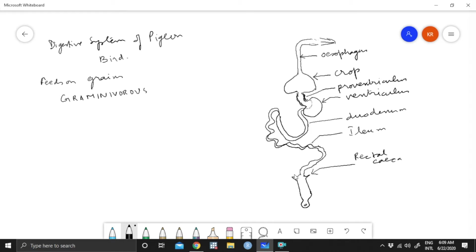If it is singular, it is rectal cecum, but I am referring to both this and this, therefore rectal caeca. This is the rectum. And this is a cloacal chamber, common chamber.